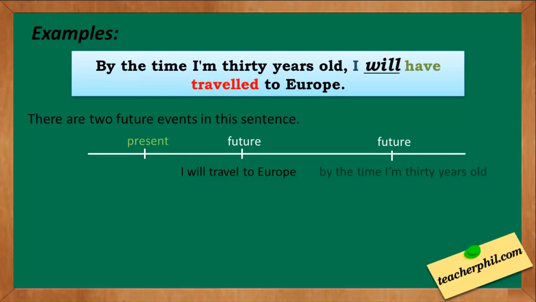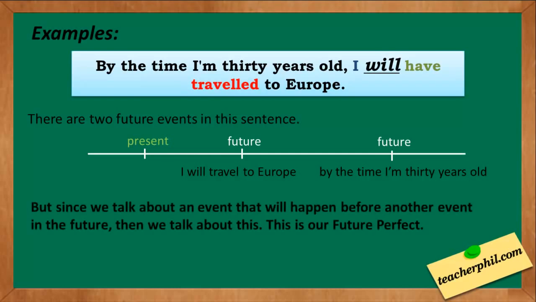And the second one, by the time I'm 30 years old. But since we talk about an event that will happen before another event in the future, then we simply talk about this. This is our future perfect. That's why we resorted to the sentence, by the time I'm 30 years old, I will have traveled to Europe.